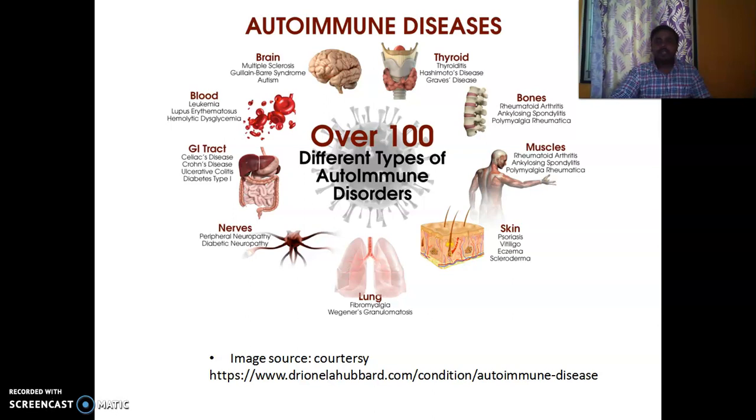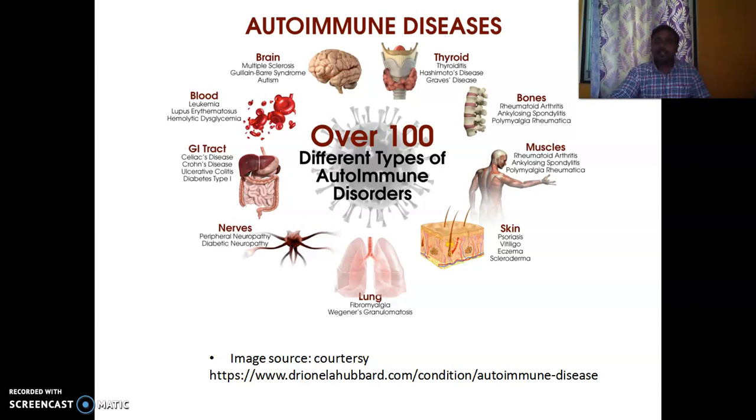There are different autoimmune diseases based on the type of cell or organ being attacked. For example, in the brain, we have multiple sclerosis. In the thyroid, we have thyroiditis or Hashimoto's disease. In bones, we have rheumatoid arthritis, which is the most common type of autoimmune disorder. For muscles, we have polymyalgia rheumatica.